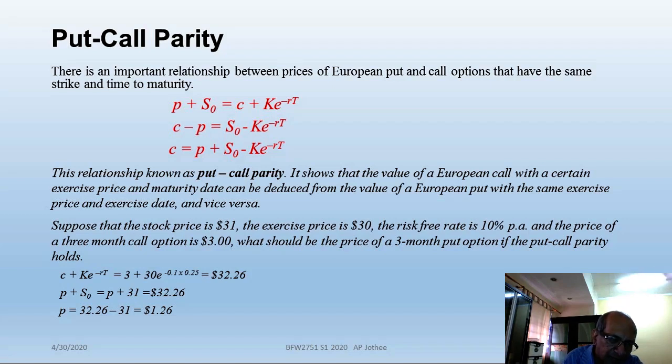Balance it out to the other side: P plus S0 should equal P plus 31 equals 32.26. If that is the case, then what is P itself? Bring the 31 down here to subtract from 32.26, and you get 1.26. We can easily calculate this. But if this relationship is violated, then a lot of arbitrage opportunities exist.